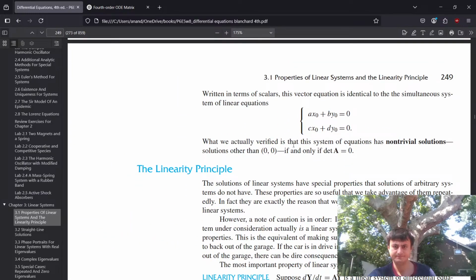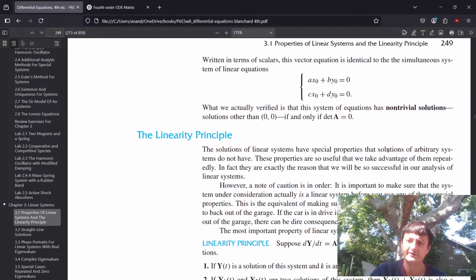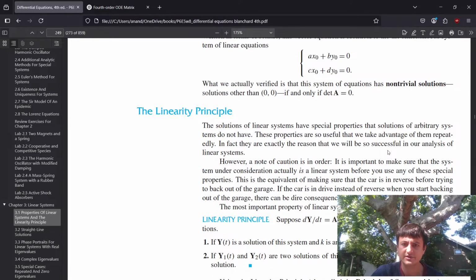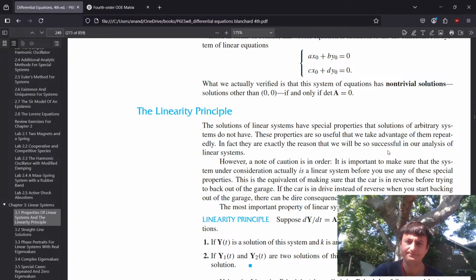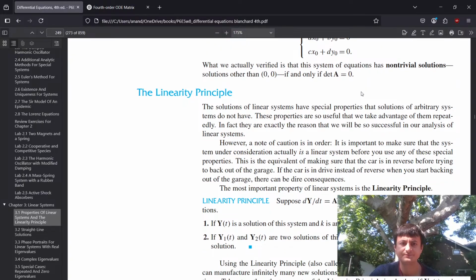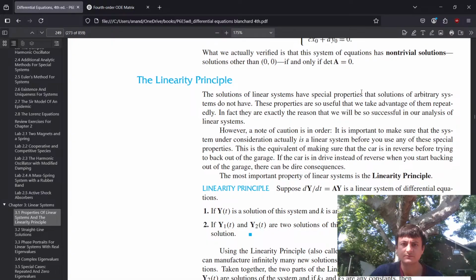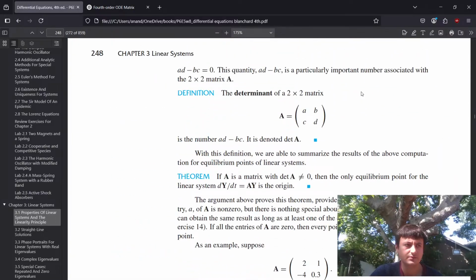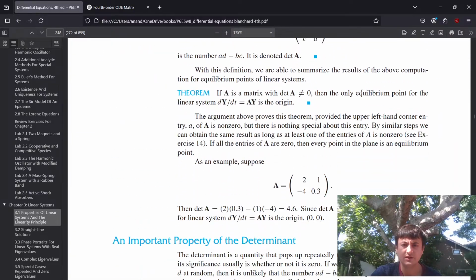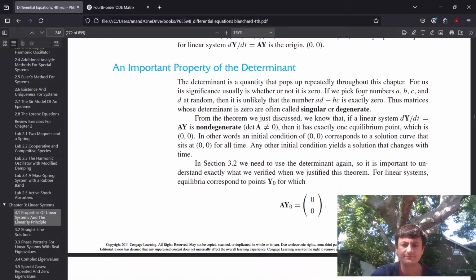Okay. All right, then they show that there's an if and only if. If you have non-trivial solutions to the system of equations, then the determinant must be 0. They give a proof? I don't know.